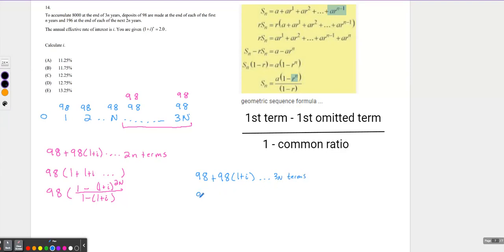So factor out. The more you practice this, the more you realize there's terms, right? So 98, first term minus first omitted term, all over one minus common ratio.